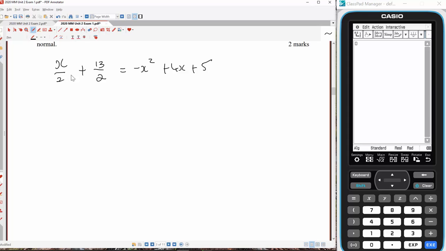Probably the easiest way to do this is to get rid of those 2's by multiplying everything by 2. So we've got x plus 13 equals negative 2x squared plus 8x plus 10. Then let the left equal 0: negative 2x squared plus 7x take 3. Dump the negative by dividing both sides by negative 1.